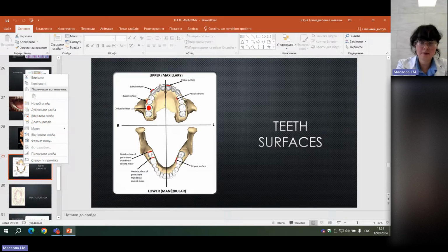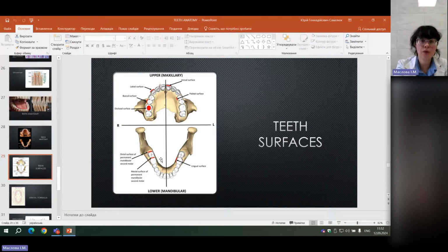The next surface we continue, and I hope that you continue to put your attention on the slide. Lower jaw or mandibular. The molars have a lingual surface, incisors too. All lower teeth have a lingual surface.